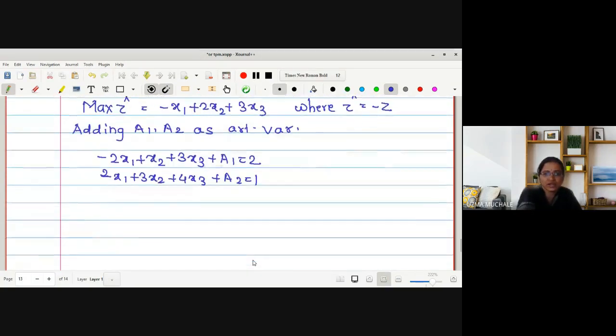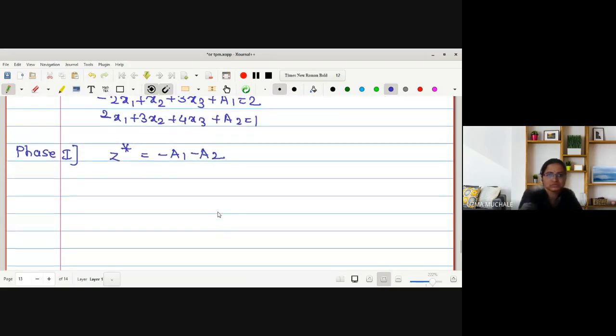Now I will go directly to phase 1. What is phase 1? Objective function Z star is minus a1 minus a2. Correct now? Let us write basic variables.